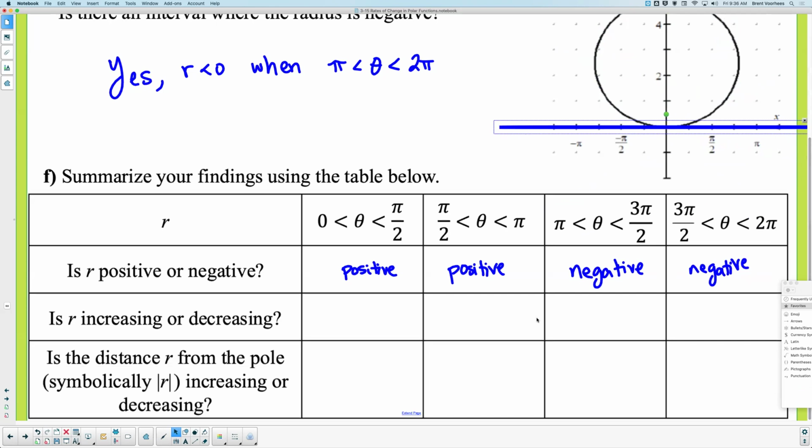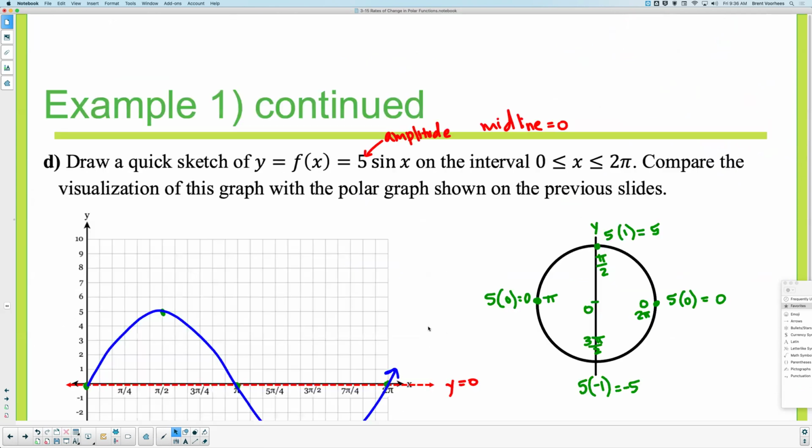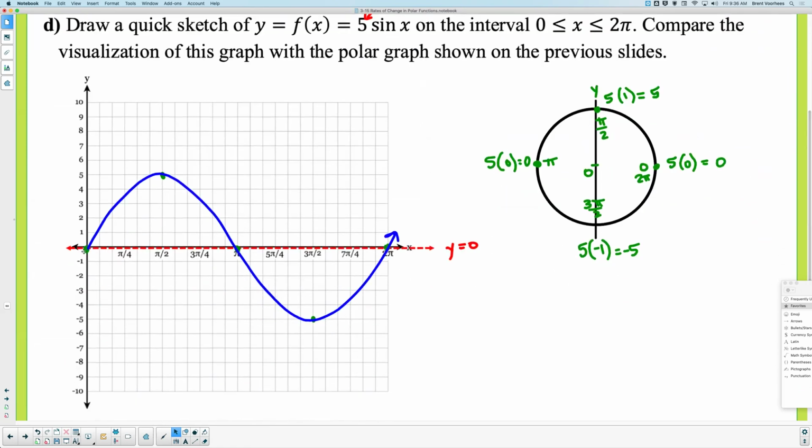Okay, coming back down. Is the r value increasing or decreasing? This time, increasing means it's moving upward. Decreasing means it's moving downward. Tell me, what's happening on my first interval? Increasing. What about my second interval? Decrease. What about my third interval? Decrease. And my fourth interval? Increase. So it's increase, decrease, decrease, increase.